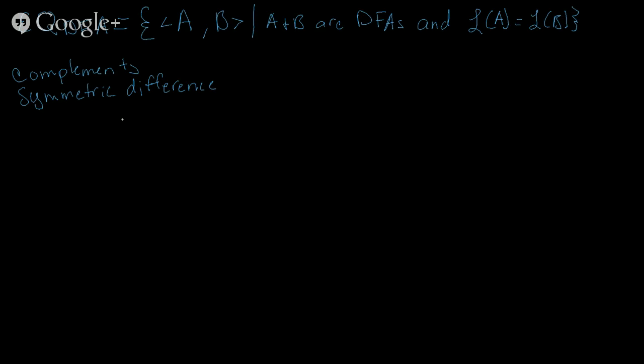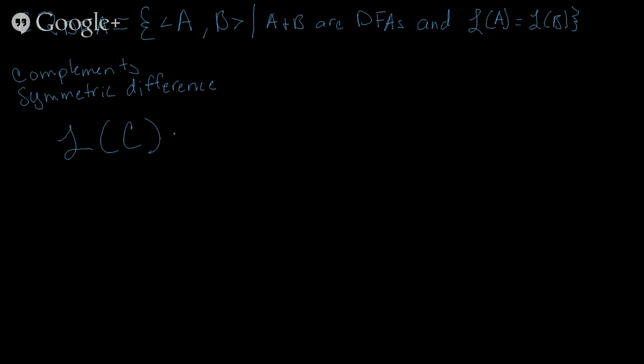So once you have that, basically you're going to get this language C, which in one case is going to be the empty set if A and B are equal to each other, and if they are not equal to each other, it's not going to be empty.